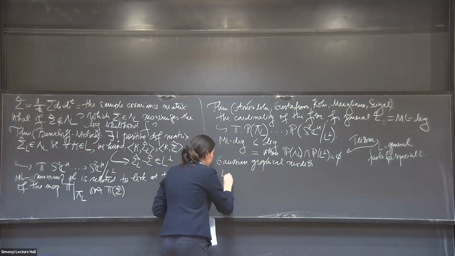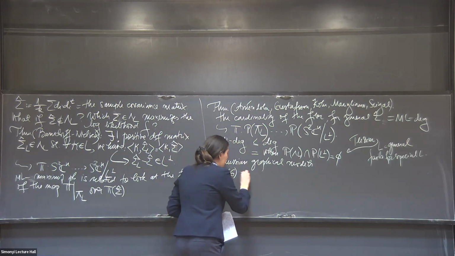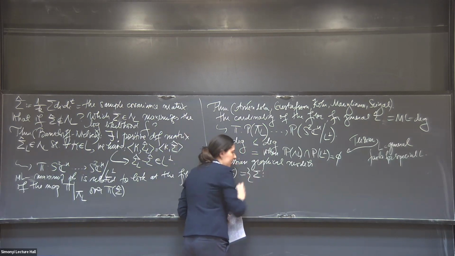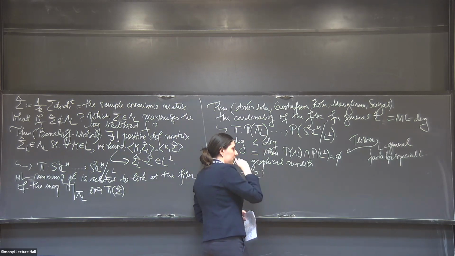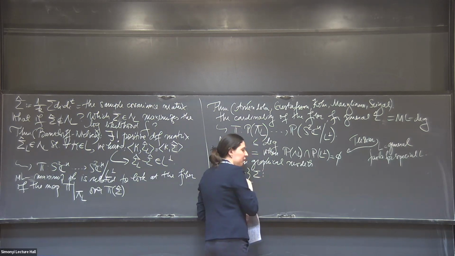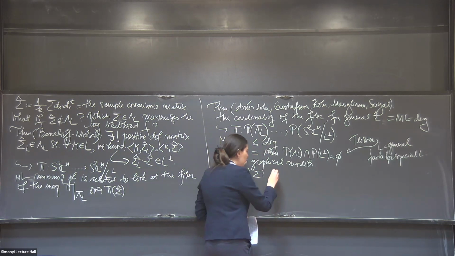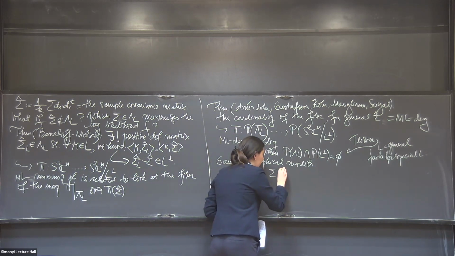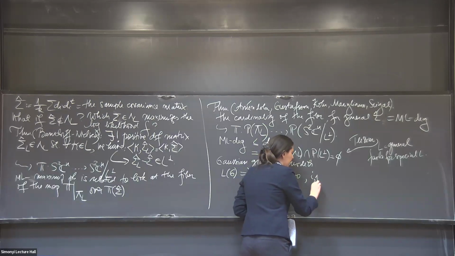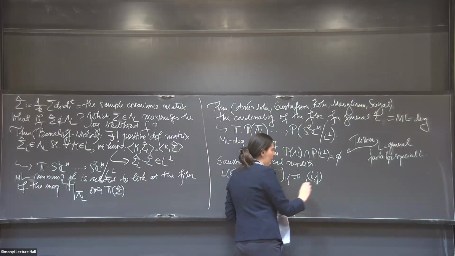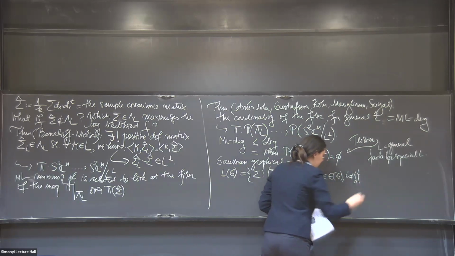For us, L of G, where G is a graph, will be given by those sigmas such that they have zeros on all off-diagonal entries whenever there is no edge between i and j, and i is different than j.